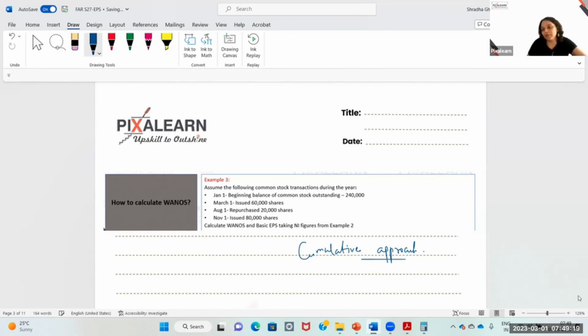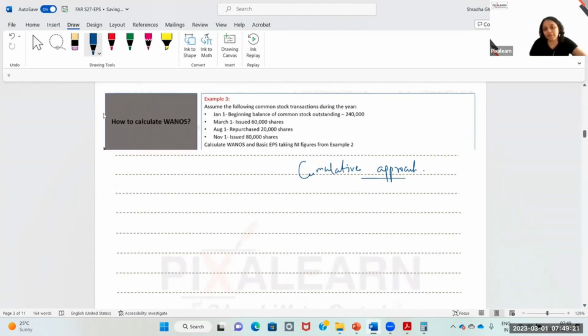So how are we doing it? If I look at the dates given to me, I have a Jan 1. On Jan 1, I had a beginning balance of 240,000 shares. And they were outstanding for what period?